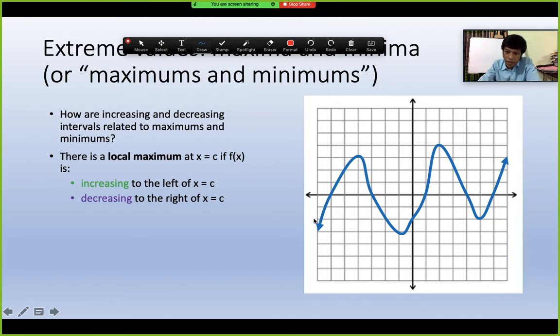If you look from left side to right side, the graph goes like this. Then there is a point up here, and after this point the graph starts going down. That means in this locality, in this area, this is a maximum point.